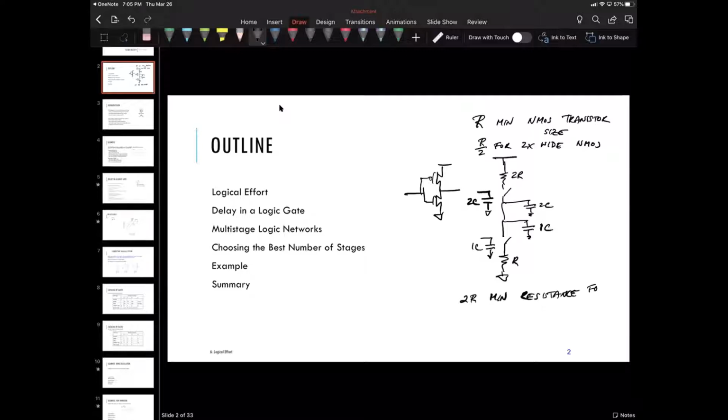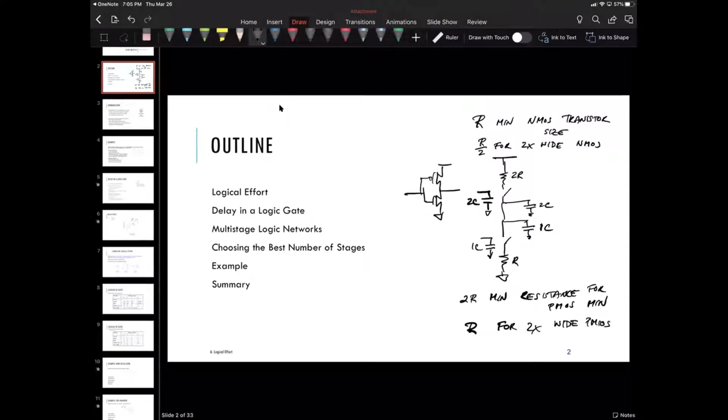For a PMOS minimum. Okay, so a resistance would be R for 2x wide PMOS.